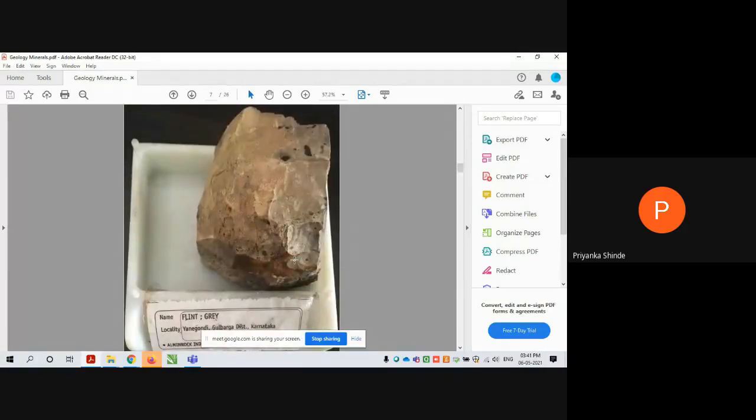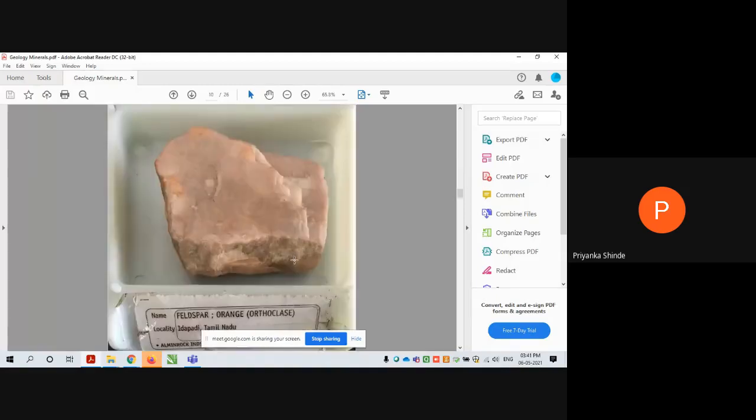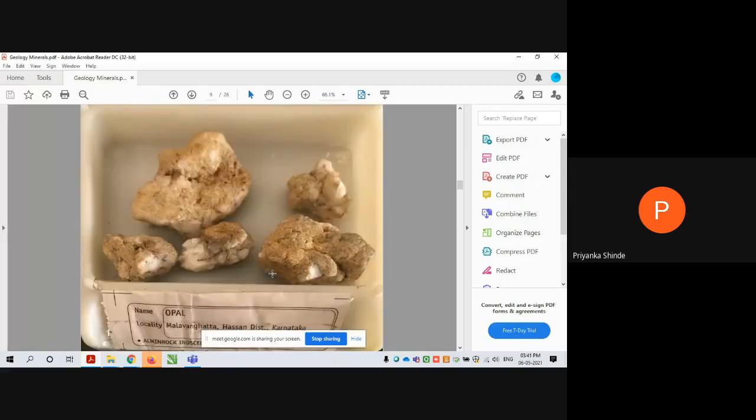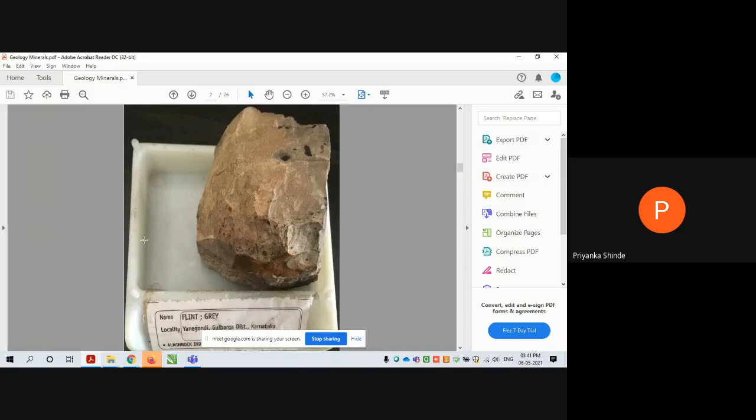So in granite, you will find any of these quartz as a major constituent. So quartz, and this one is feldspar, which is the next group of minerals. These two minerals are present in granite. Granite is a rock, so that is why we are studying the minerals, so that it becomes easy to know the rock.